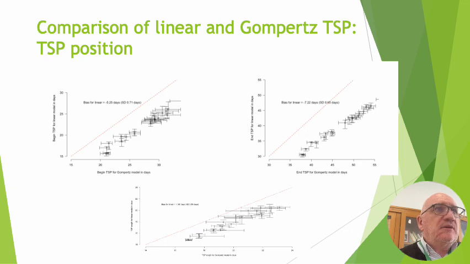Now let's compare the TSP position in linear and Gompertz models. At the top left, you have the beginning of the TSP. It is later for the Gompertz model than for the linear model. The end of the TSP is also later for the Gompertz model than for the linear model. But you see at the bottom that the length of the TSP is higher for the Gompertz model than for the linear model.